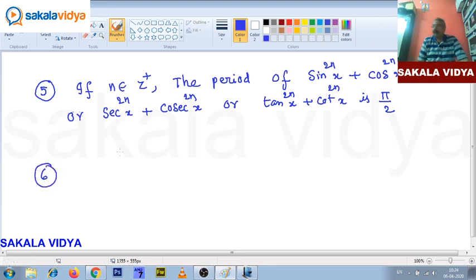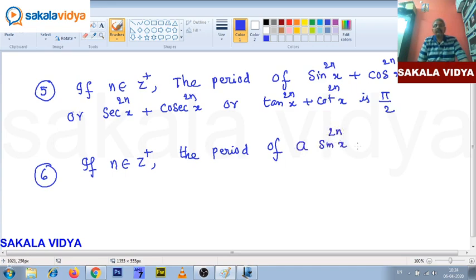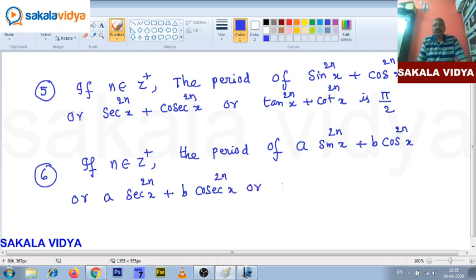Next, the sixth concept. If n belongs to Z plus, the period of a sin x to the power of 2n plus b cos x to the power of 2n, or a secant x to the power of 2n plus b cosecant x to the power of 2n, or a tan x to the power of 2n plus b cot x to the power of 2n is not pi by 2, it is pi.